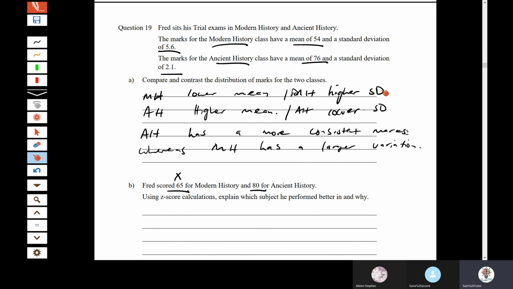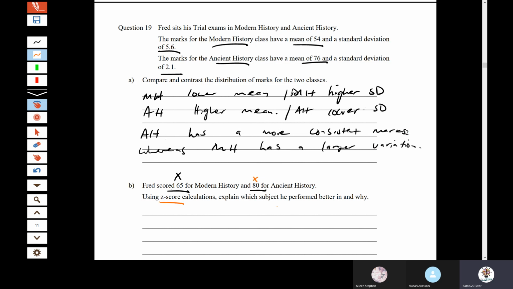If you didn't have that, you taught 5 of those people really well, and 5 of those people really bad, and then you just taught the average. So it depends what you're looking for. If you're looking for consistency, yeah. I think our maths class is like that. Lower mean and lower standard deviation. Yeah, that's the one. All right, 80 for ancient history. That's your score for ancient.